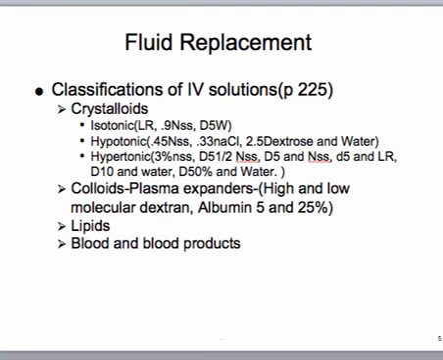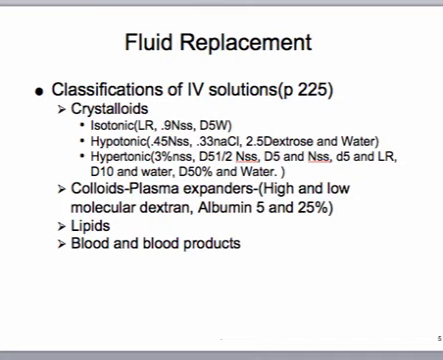Fluid replacement. Some classifications of IV solution, and you can see these on page 225 in your text. The crystalloids, and we're looking at isotonic crystalloids. These are the lactated ringers, the 0.9 normal saline, or D5W. The hypotonic crystalloids are 0.45 normal saline, 0.33 normal saline, 2.5 dextrose and water.